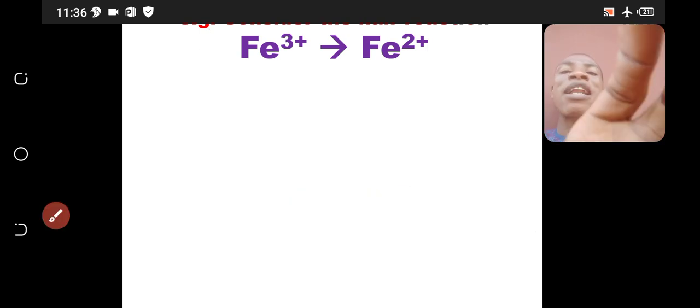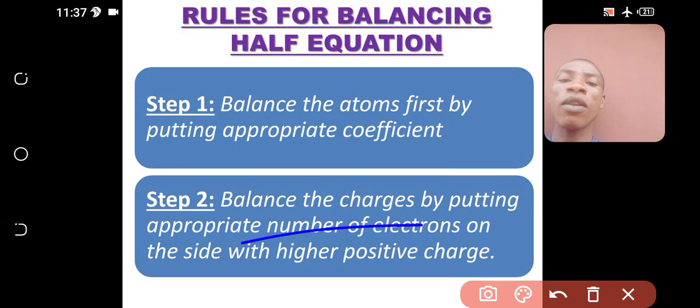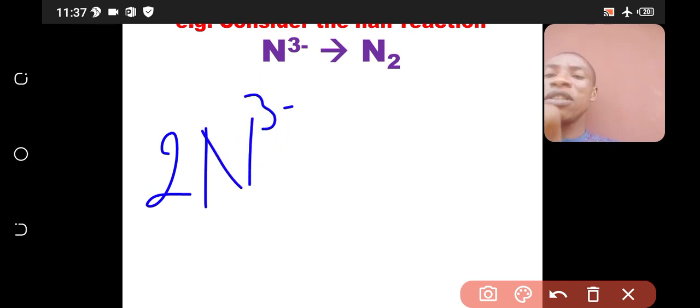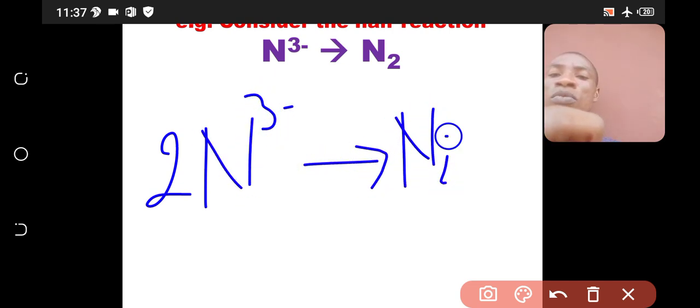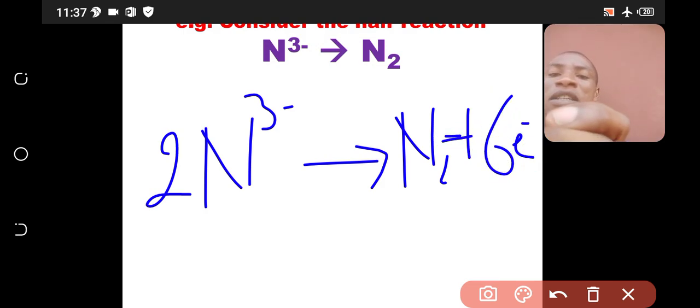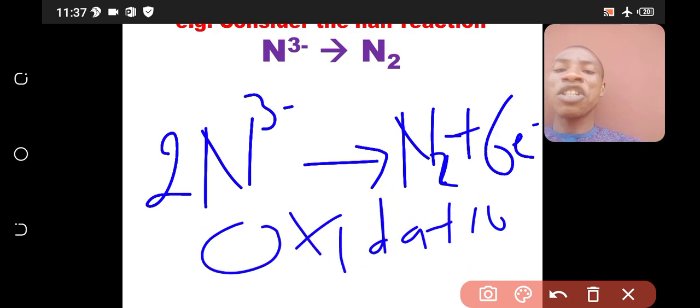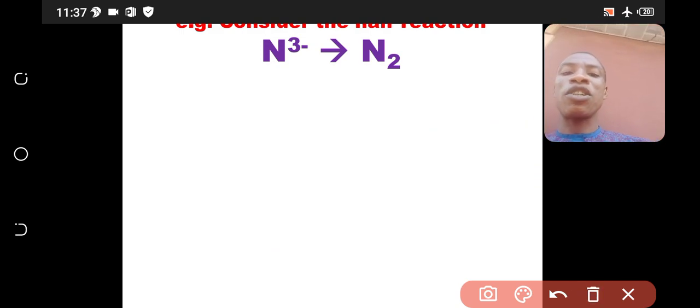However, if it ends up at the product side, like the one we did before where we had 2N3 minus giving us N2 plus 6 electrons, you see that the electron here is on the product side. So this reaction is an oxidation half equation. Oxidation, because the electron is lost, and loss of electron is oxidation. So it's just a trick you may not find in textbooks.